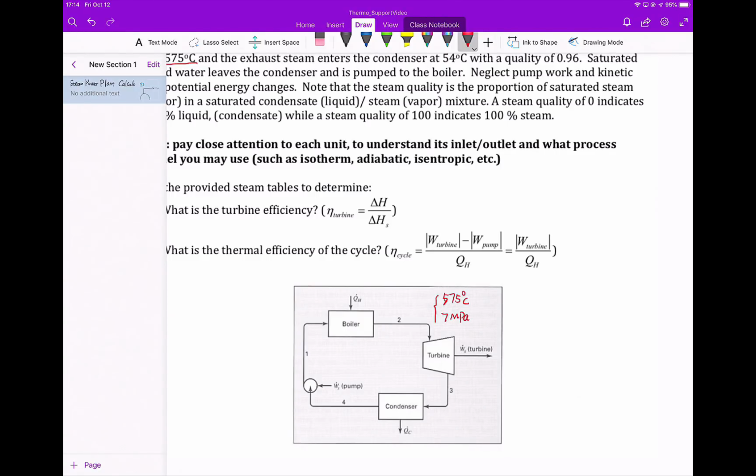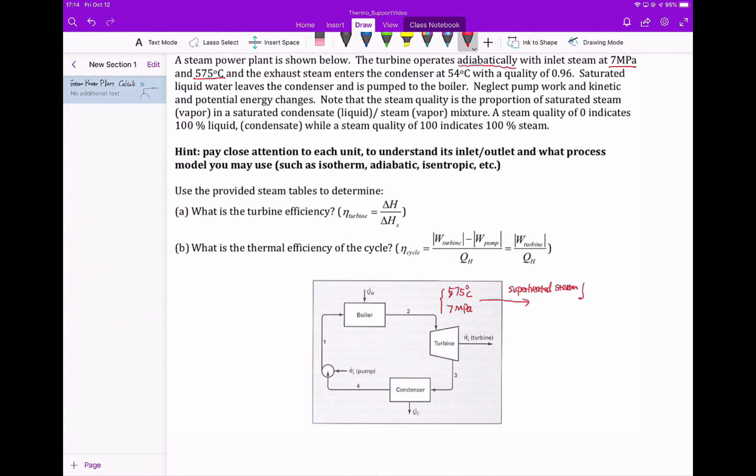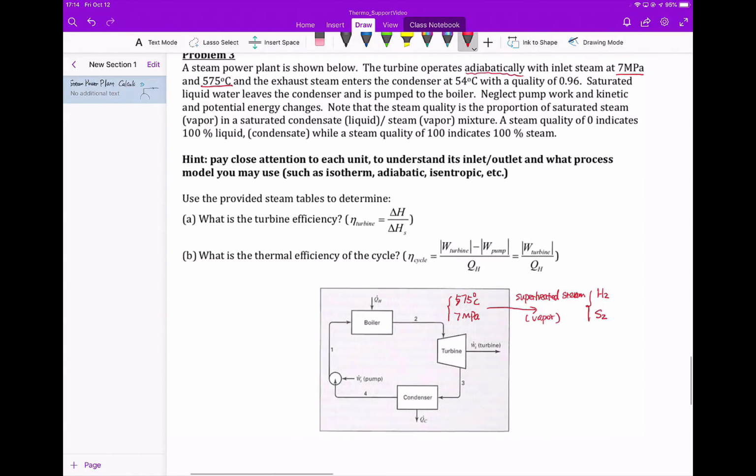I have this as an inlet, and I know the temperature and pressure, so very likely I'm going to have a superheated steam. Okay, and with the known temperature and pressure, I should be able to figure out, if this is 2, then I'm going to call this H2 and S2. It's a pure vapor over here.